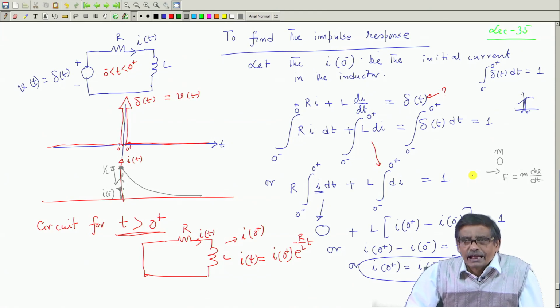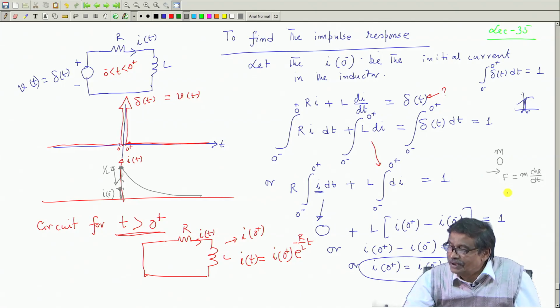So, in mechanics also, velocity can change instantaneously, in practically no time, if the mass is subjected to an impulse force. What is the nature of the impulse force? The force is very large, the contact time is very small, but F into delta t is finite.